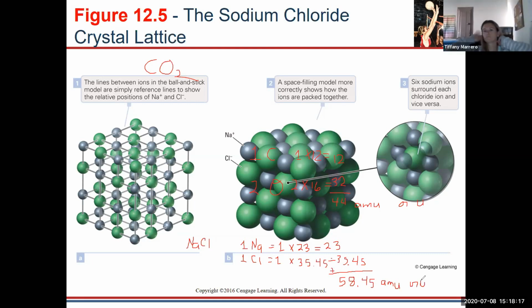Because if you look at your periodic table, one periodic table will give you one value, 23.0457, and another will give you 22.990. In that case, I'm just going to round it up because it's so close to 23. And in the case of 35.45, it's kind of in the middle. So depending on who's involved, I could end up pushing it up or down, so I just leave it to be safe.